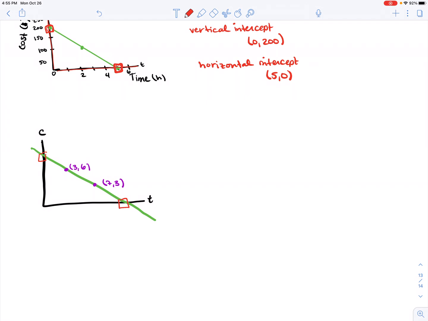Well, we're going to have to do a few more steps than just visually looking at it, because the first thing I need to find is the equation of the line. So what are my steps for finding the equation of the line? In order to do that, I need the slope.